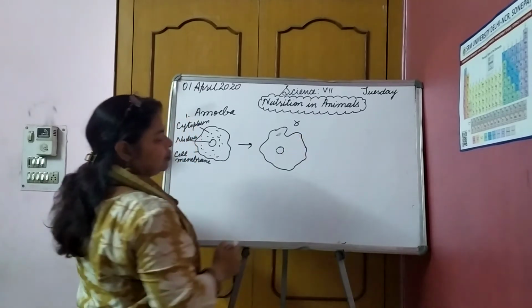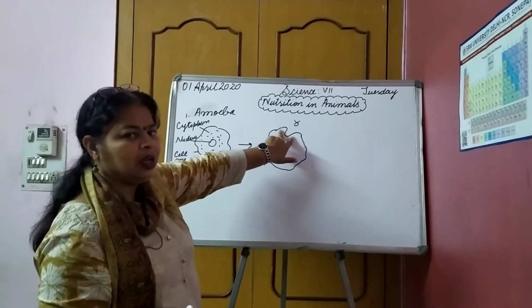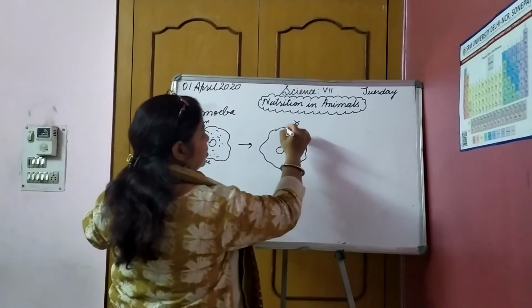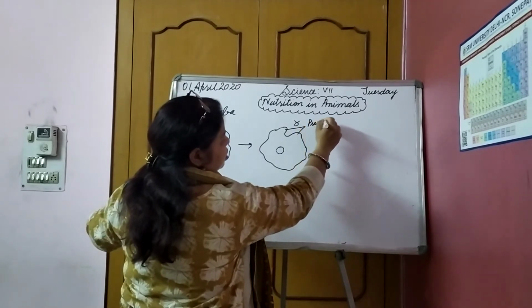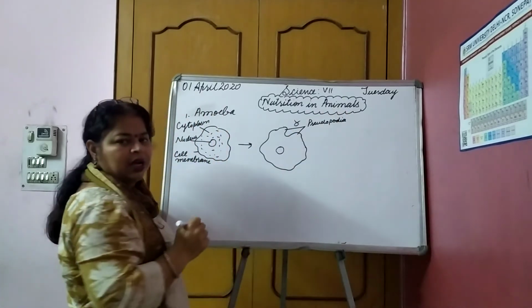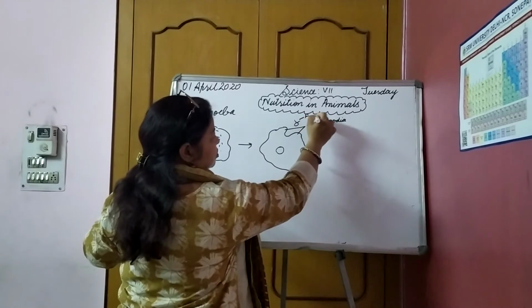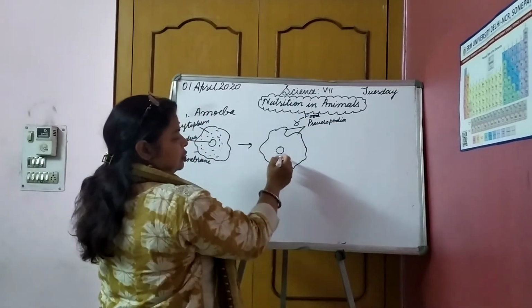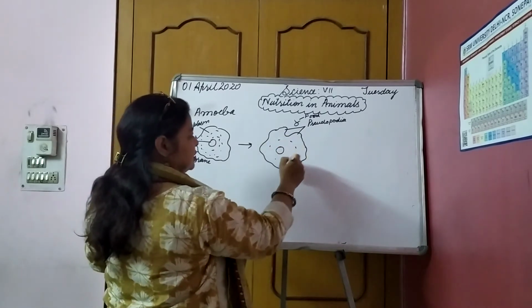As it sensed the food, can you see these false feet called pseudopodia? Pseudopodia are formed. This is food. This is nucleus, this is cell membrane, and inside it is cytoplasm.